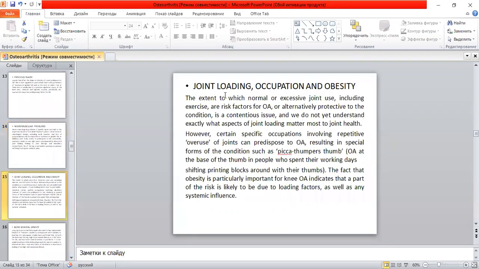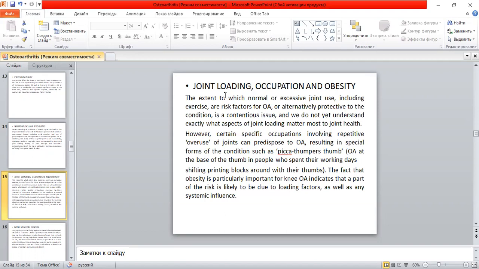Joint loading, occupation, and obesity. The extent to which normal or excessive joint use, including exercise, is a risk factor for osteoarthritis or alternatively protective to the condition is a contentious issue, and we don't yet understand exactly what aspects of joint loading matter most to joint health.